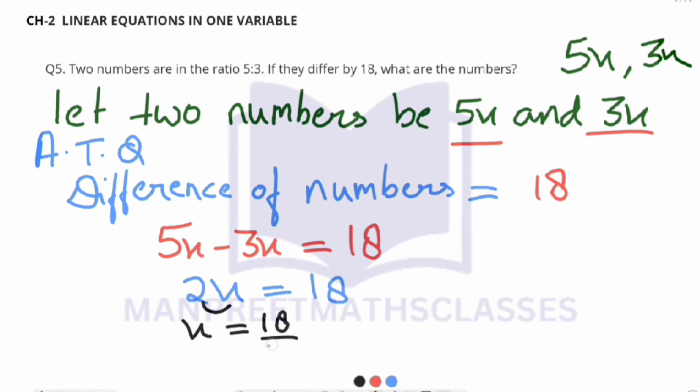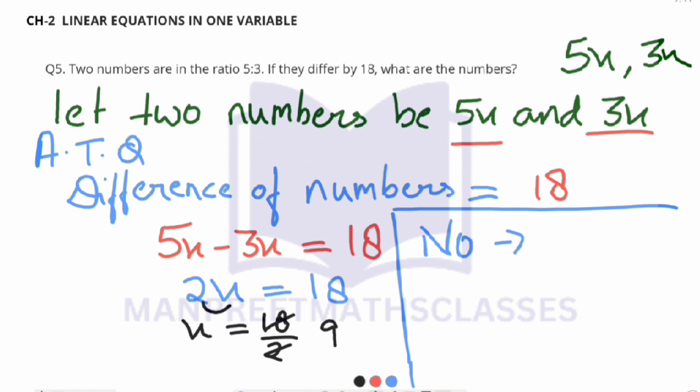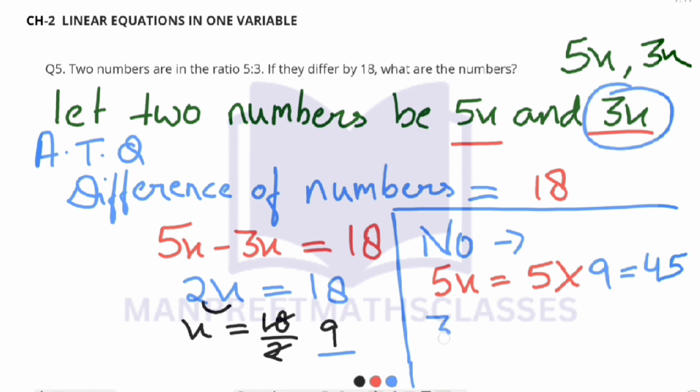So 18 by 2. 2 से 9 टाइम्स कैंसिल हो गया. अब हमें नंबर्स की वैल्यू फाइंड करनी है. तो नंबर्स क्या है, 5x और 3x. सो 5x मीन्स 5 मल्टीप्लाइड बाय x और x की वैल्यू क्या आई है यहाँ से 9. तो वन नंबर इज 45 एंड सेकेंड नंबर इज 3x. सो 3x इज इक्वल्स टू 3 मल्टीप्लाइड बाय 9. सो 3 9s are 27. तो जो दो नंबर्स हैं दे आर 45 एंड 27.